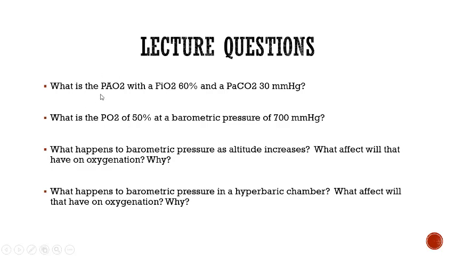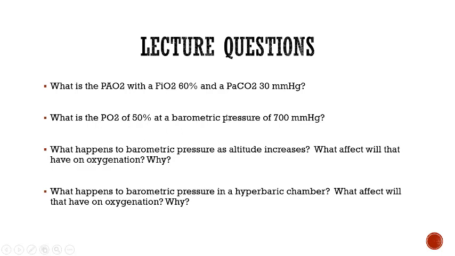So what is the PaO2? What is the alveolar pressure of oxygen with an FiO2 of 60% and our arterial CO2 of 30? So you'd use your alveolar air equation for this one. What is the pressure of oxygen of 50% at a barometric pressure of 700?